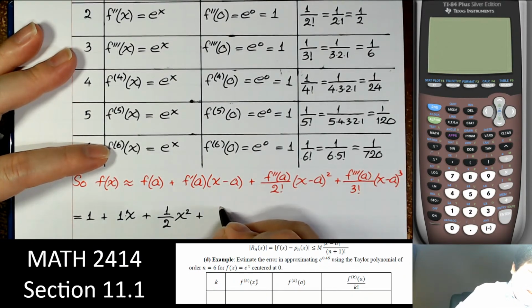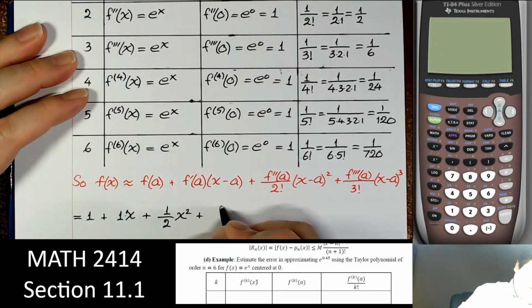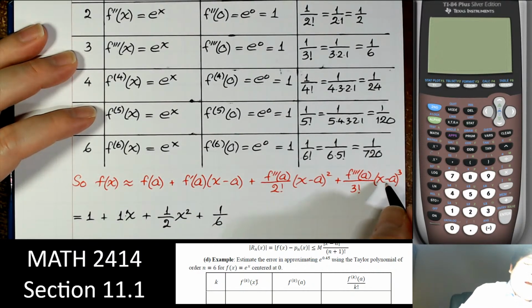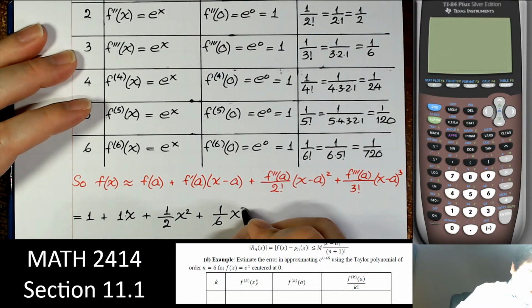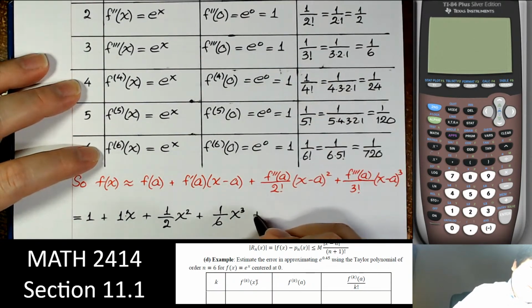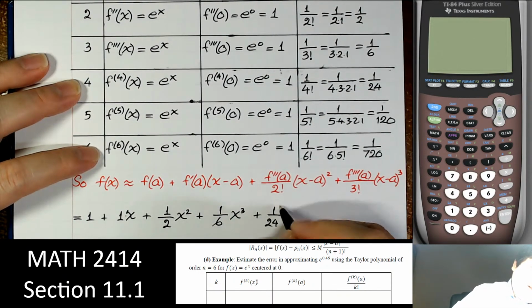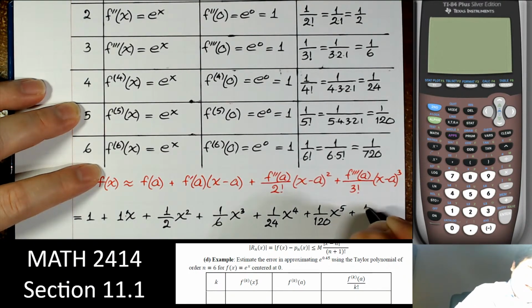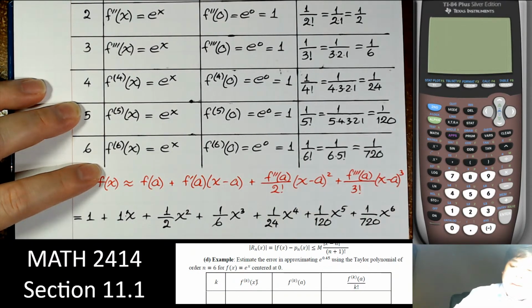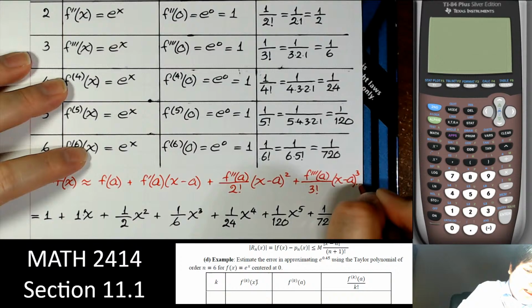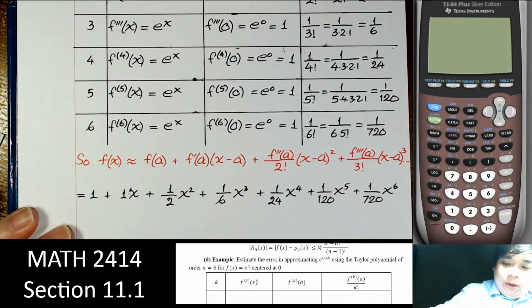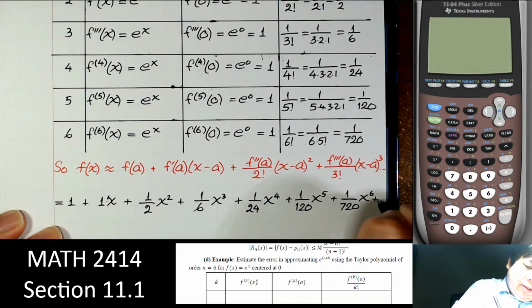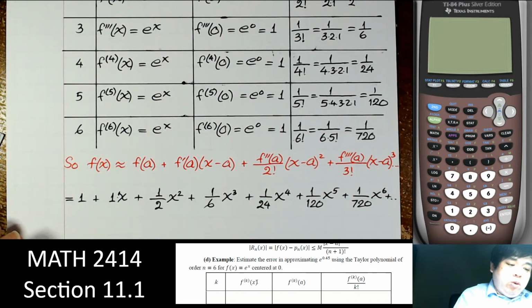And then 1/6, x minus a, so just x cubed. The coefficient 1 over 24, x to the 4th, 1 over 120, x to the 5th, and 1 over 720, x to the 6th. Here, just put a dot, because that just keeps on going. Here also the same. Just keep on going. Right, so we have that.